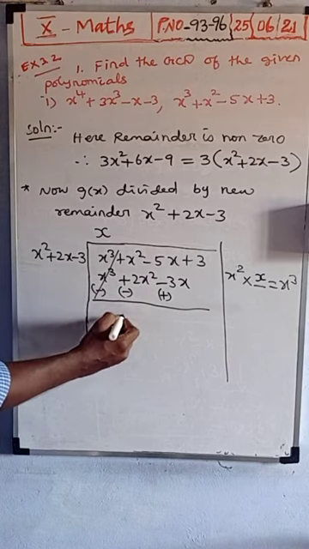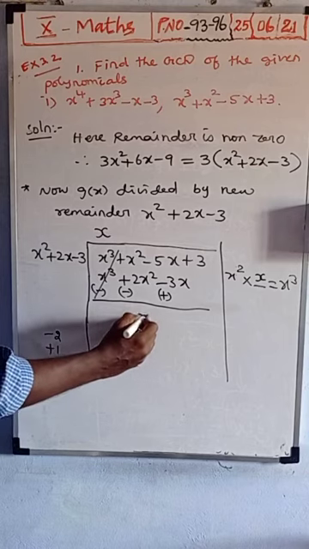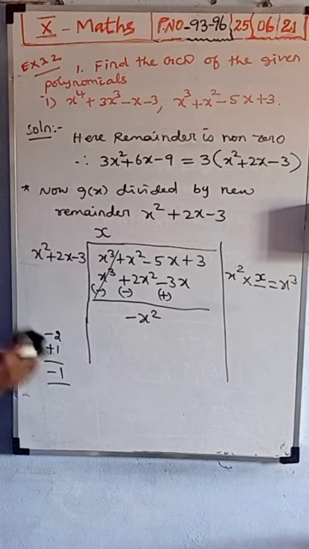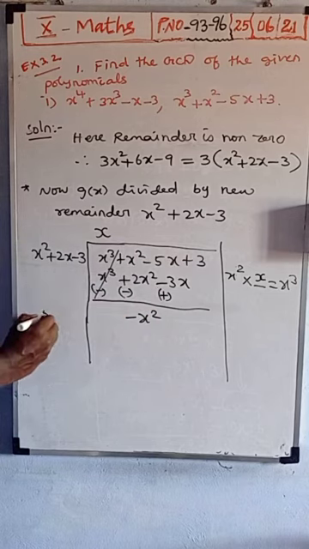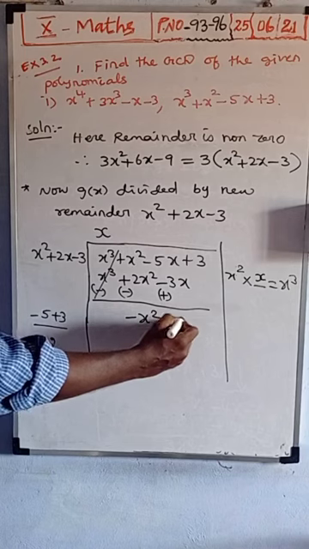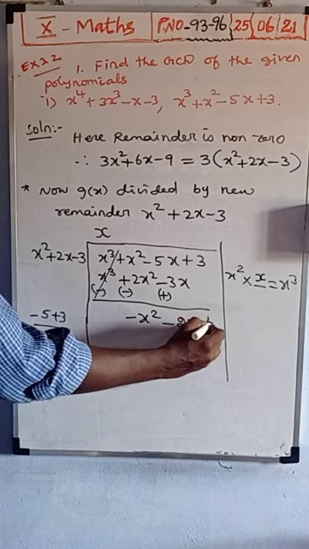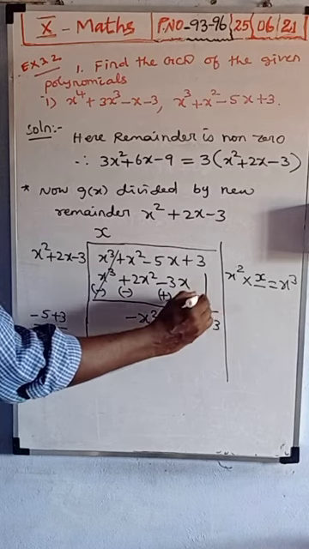Minus 2 plus 1 is minus 1, so here minus x squared. Now here minus 5x, here plus 3: minus 5 plus 3 is minus 2, so minus 2x. Then plus 3 will come down.